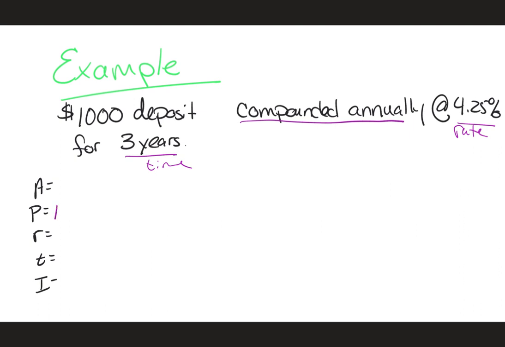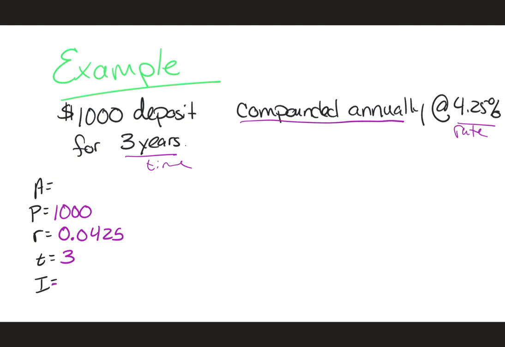My principal, my original amount, is $1,000. My rate is 4.25%, but I need that as a decimal, so 0.0425. My time is 3 years. I do not know what the interest is or the account balance.